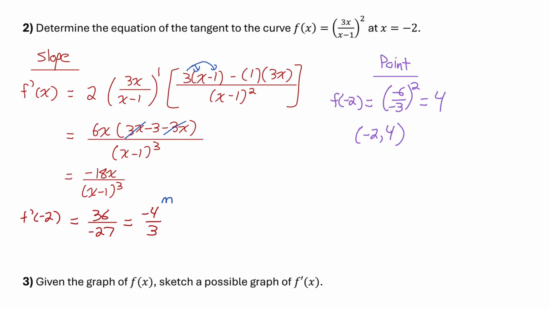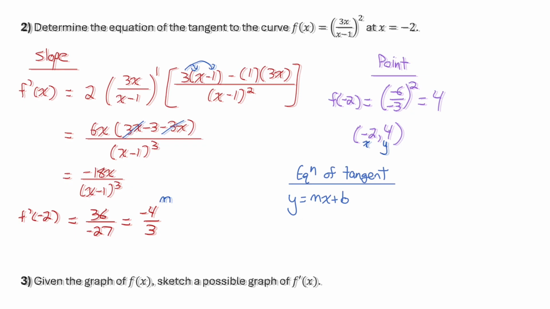So that can be the x and the y values that I use in the equation of the tangent line, y equals mx plus b. So I'll use 4 for y. M is the slope, which we know is negative 4/3. X was negative 2. And then all we have left to do is solve for the b value, the y-intercept. I have 4 equals 8/3 plus b.